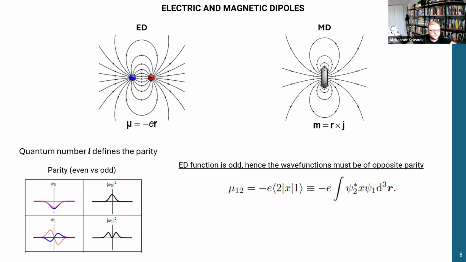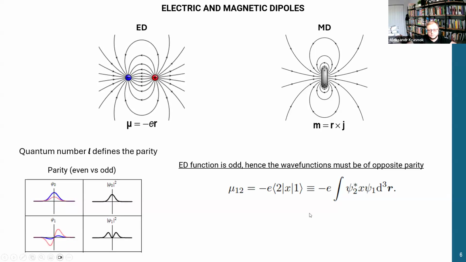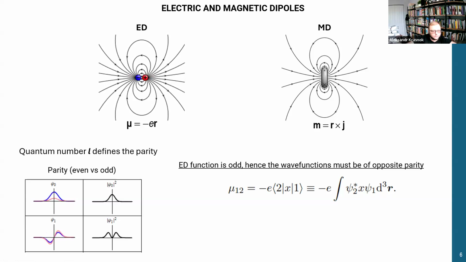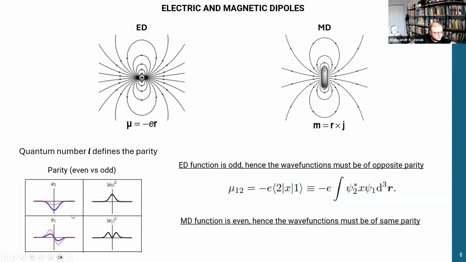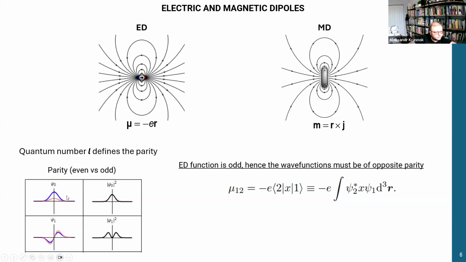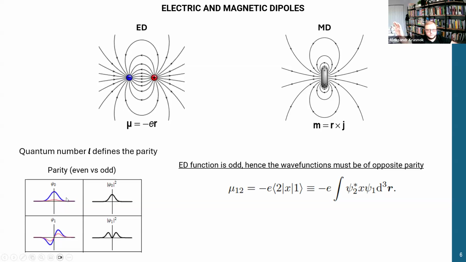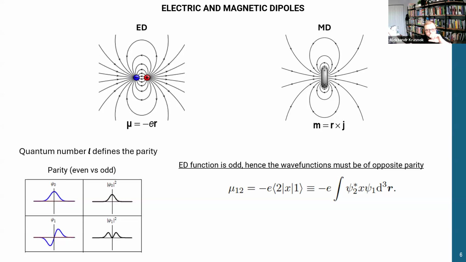That's easy to understand because if you integrate over the entire space... Anyway, one part, because of the parity, one function is even, another one is odd.